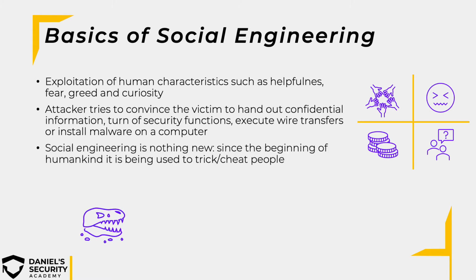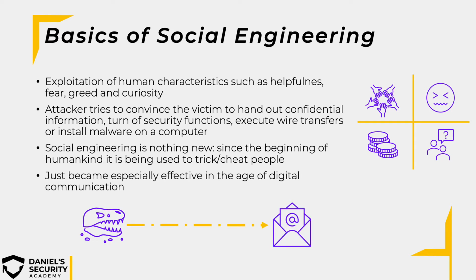And social engineering is nothing new. Since the beginning of humankind, it has been used. Many thousand years ago, there was social engineering and social engineering attacks, but back then they just didn't call it that. Within the digital communication age, it just became especially effective because it doesn't cost you anything to send a phishing email.